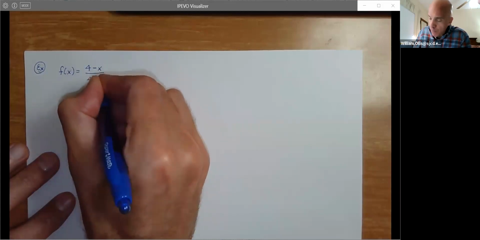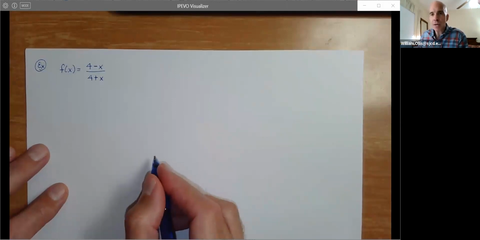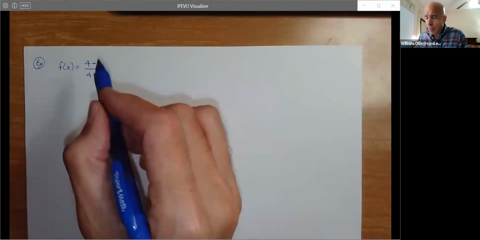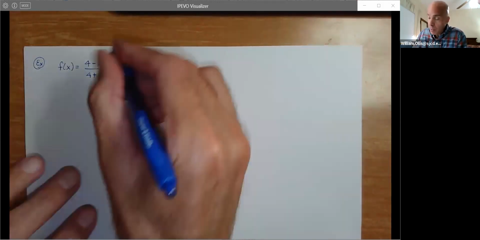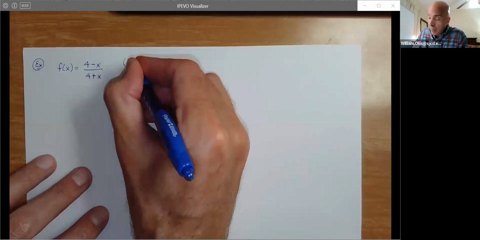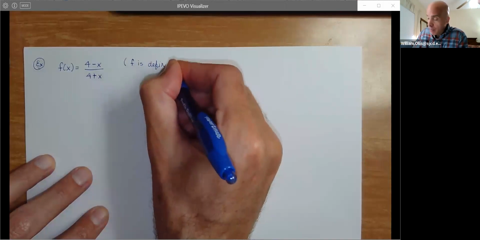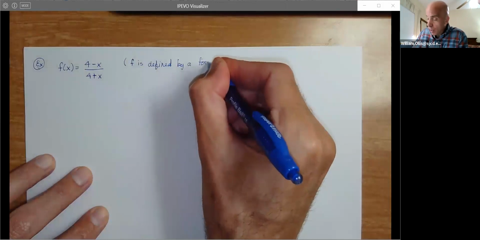So the first part of the functions was basically just a brief introduction to the terminology. And so now we can look at functions that are actually defined by formulas. So we'll say f is defined by a formula.